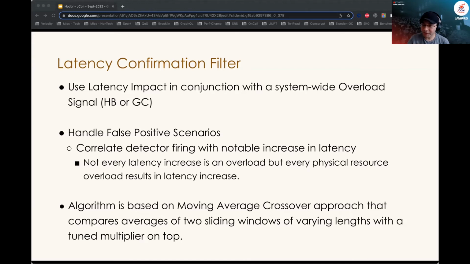But every physical resource overload will result in a latency increase eventually. The algorithm that we have used is based on the standard moving average crossover approach, where we maintain two sliding windows of varying lengths and use a tuned multiplier on top. And similar to all of the previous detectors, we have done experiments to come up with a multiplier that works well with high precision for most of the services at LinkedIn.